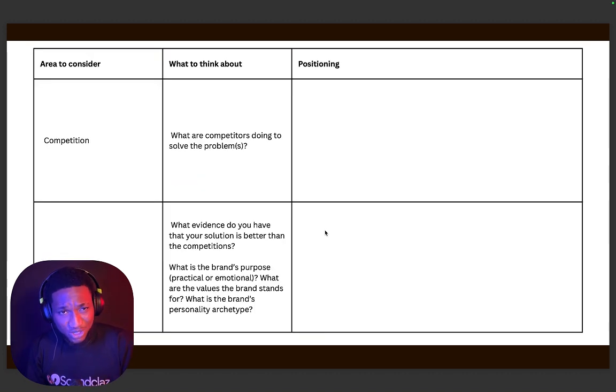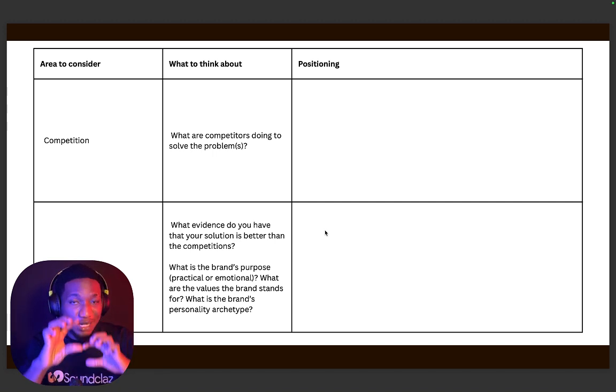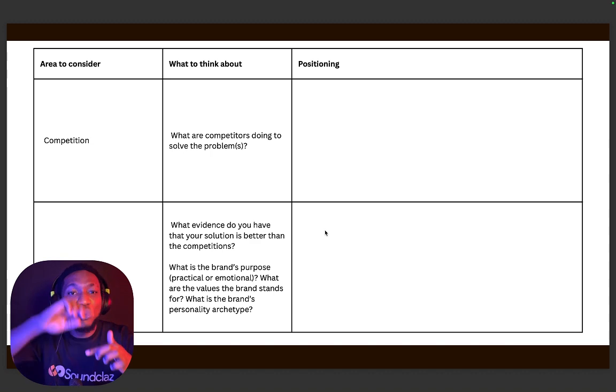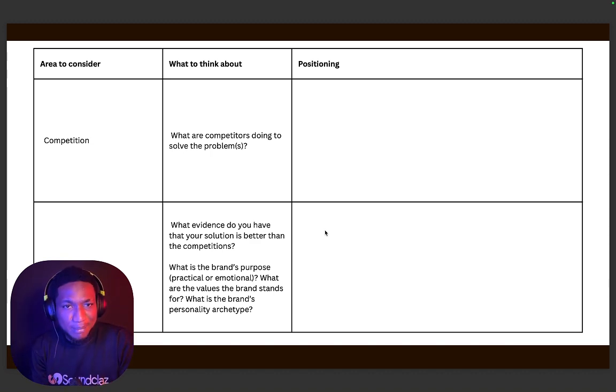And then the next thing you want to do is to list out your competitors. List out the competitors and the way they are solving the problem. Are you getting me? We're trying to solve a brand positioning problem. You have to understand where you are on the positioning map and how you can beat people on that map and go to the top of the map.